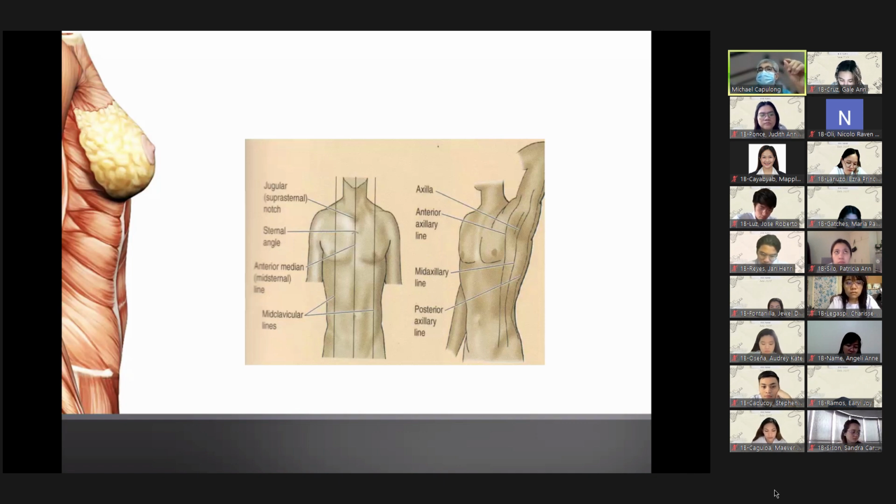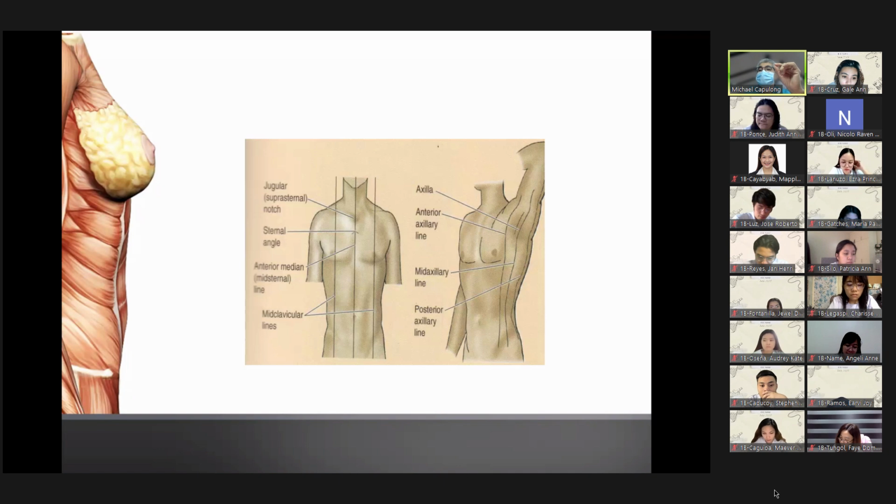But one thing that is, again, fairly constant is if you will draw again an imaginary line from the nipple going towards the posterior, meaning at the back, antero-posterior, this will correspond at the level of your T4, your fourth thoracic vertebra.